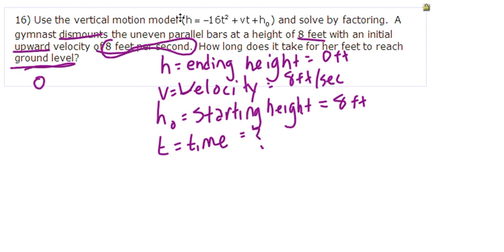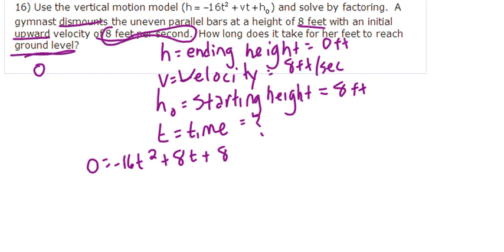So what I'm going to do is I'm going to take this equation and I'm going to fill in what I have. So I have the H, that's 0. I have the velocity, that's 8. And I have the initial height, that's also 8. So now, this isn't a word problem anymore. It's exactly what we've done.